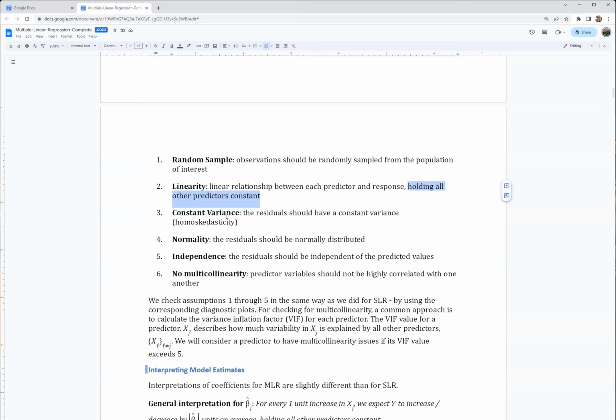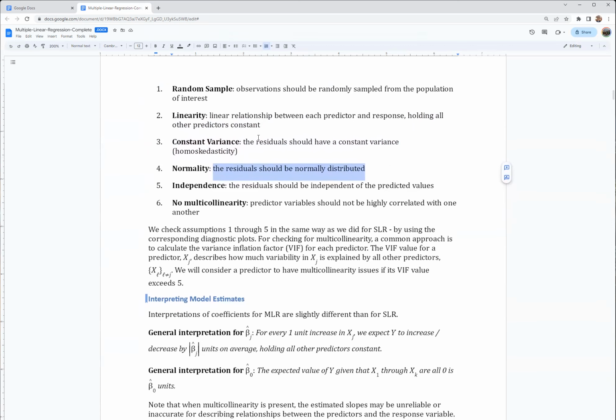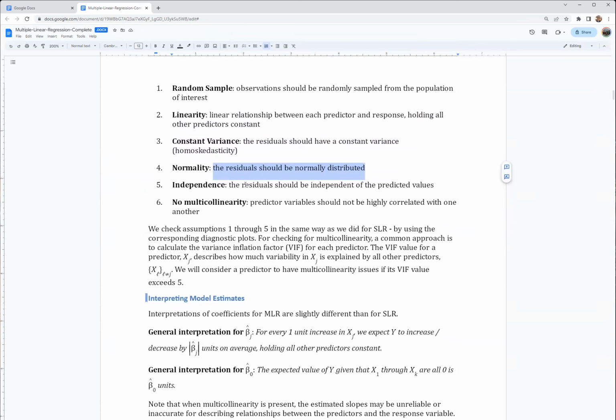Constant variance, so that's the same as before. We need our residuals to be homoscedastic. We need the residuals to be bell-shaped or normally distributed. We need the errors or the residuals to be independent of our fitted values, of our predicted values. Okay, so these assumptions are pretty much the same as for simple linear regression, the first 5.